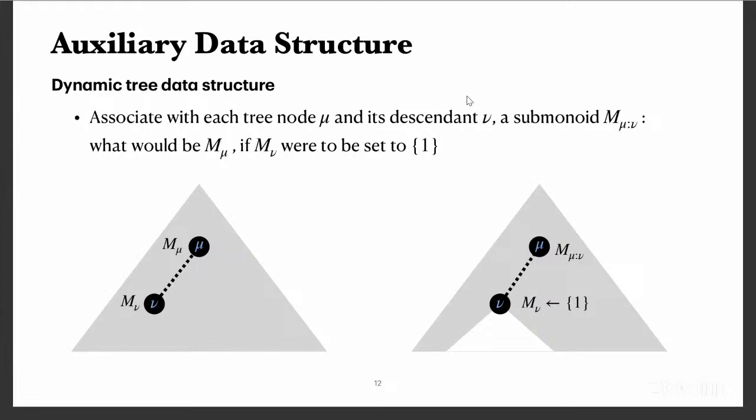So firstly, when you delete the node A, you know that this is the current monoid when A is deleted.